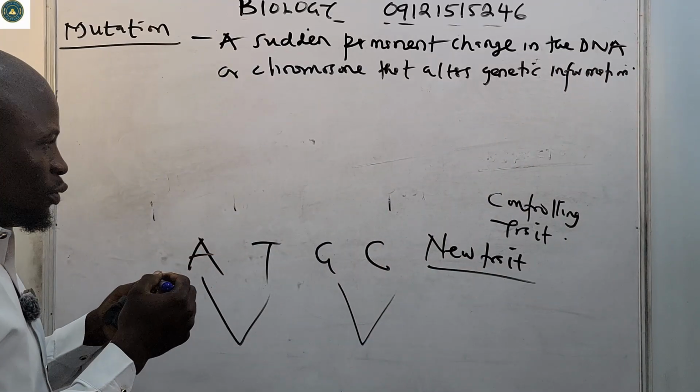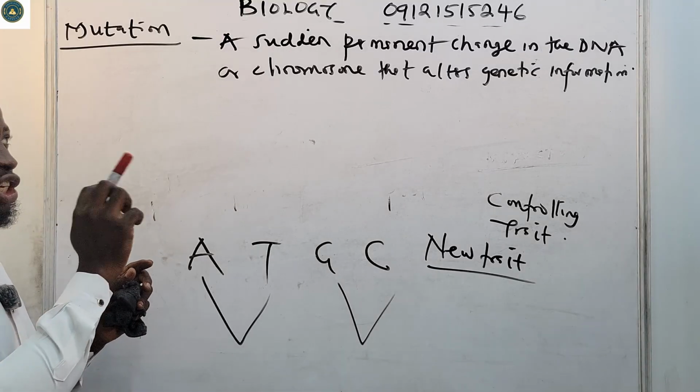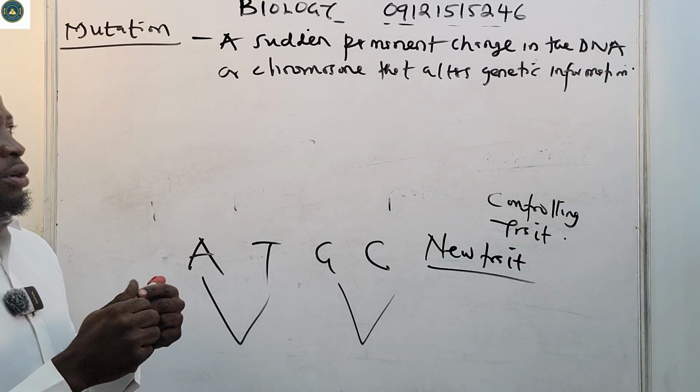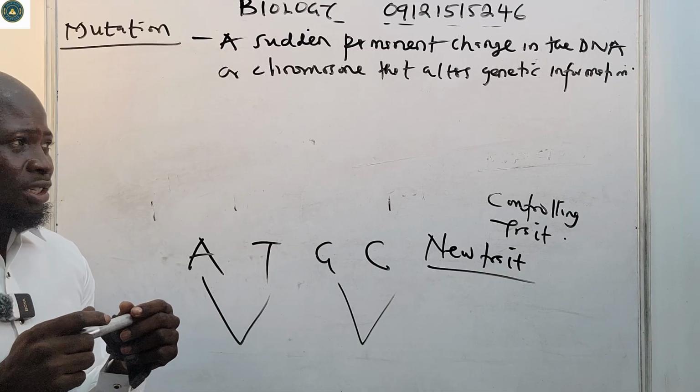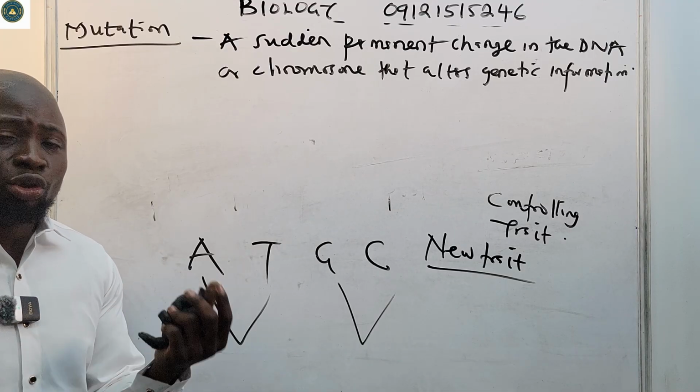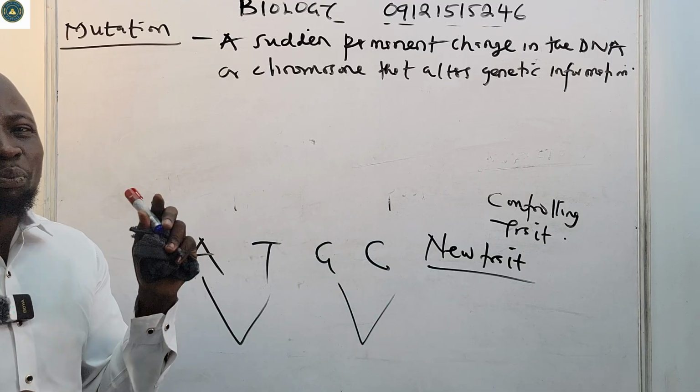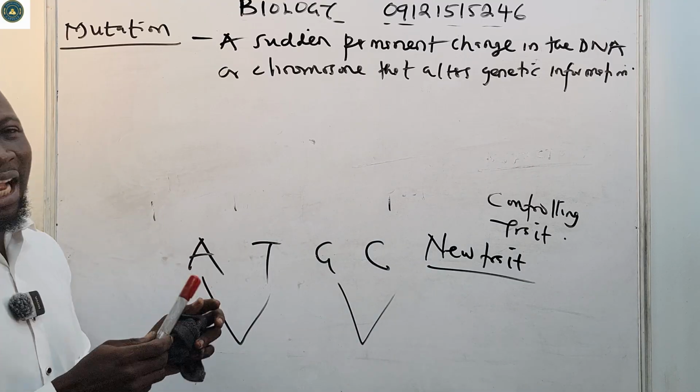Like we said, this change may be good, some may be bad, some may be neutral. Sometimes it will lead to evolution. For many reasons, but mutation is the only process that can alter our DNA.